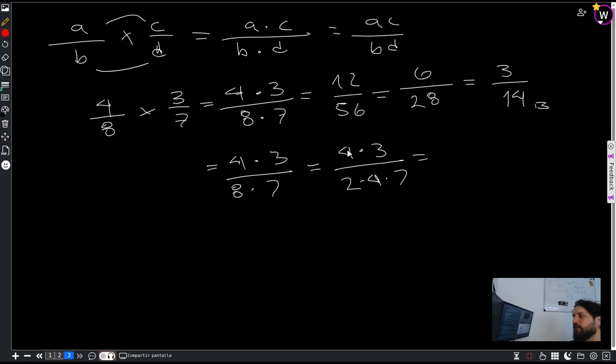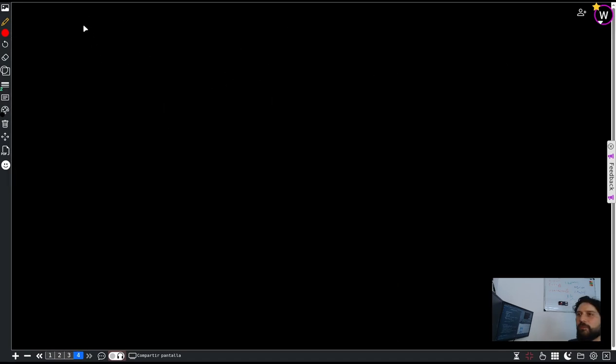So here we can do 4 over 4 is 1, so we can substitute this 1 times 3 over 1 times 2 times 7. And maybe this is an easier way of achieving the result, right? Before making the multiplication and all of that, you can see how you can make your life simpler by finding this sort of expressions.